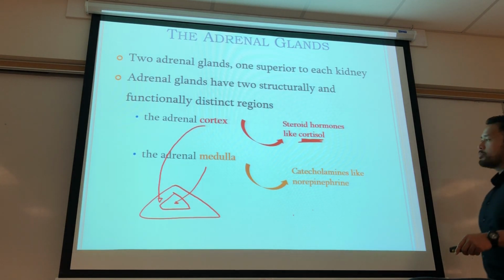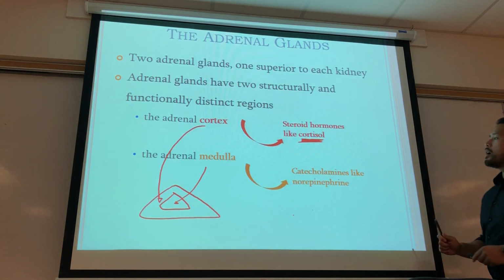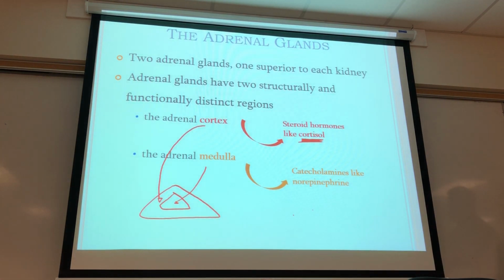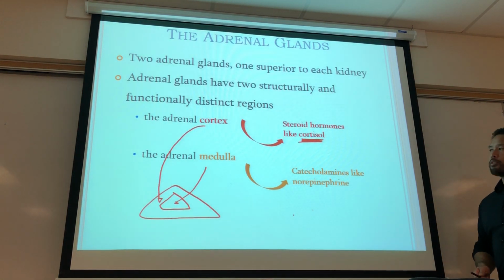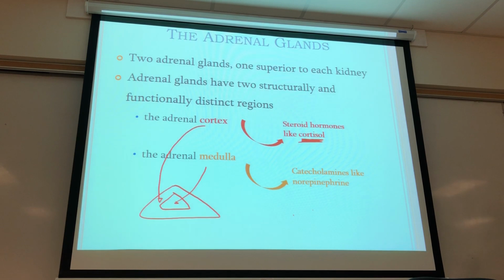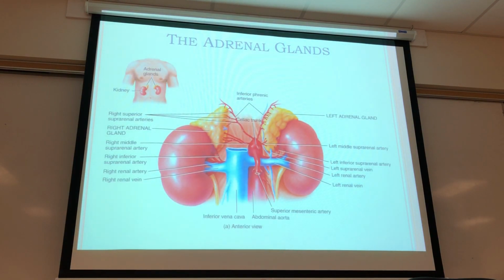The inside, the adrenal medulla, again, is an extension of our autonomic nervous system. When we talked about the sympathetic pathways, which I'll show you on the next slide, we have sympathetic preganglionic neurons that will bypass the sympathetic trunk ganglion and travel to the adrenal medulla.